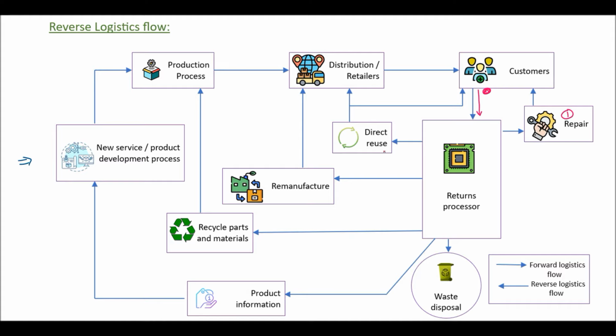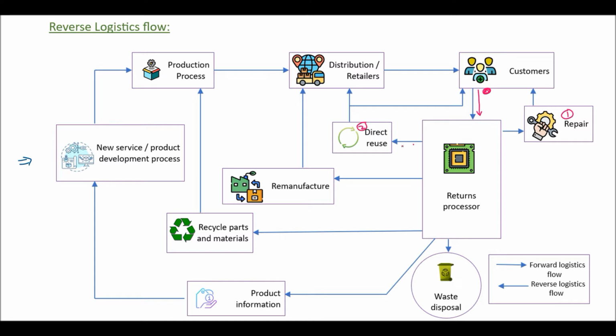Next is reuse. If it is found that the product is less used, it can be cleaned and transported to the distributor or retailer for reuse by another customer. So this is the reuse flow, which is the second.